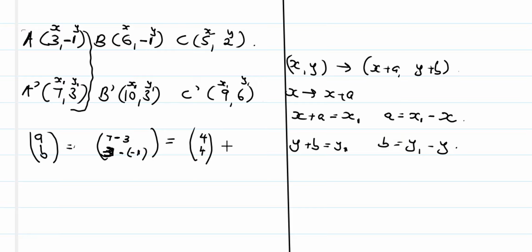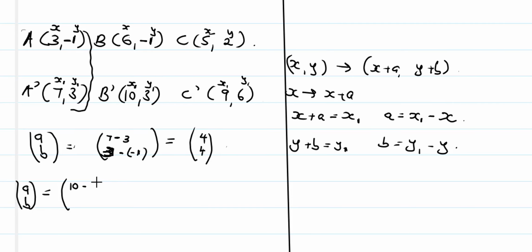But just to confirm that it is the translation factor, we can apply the same logic to the other two coordinates. So we can start with b, where we have 10 and 3. Let us see if we will get the same translation factor, because all the coordinates here must be translated by the same translation factor. So for b, x1 is 10, minus x, which is 6.